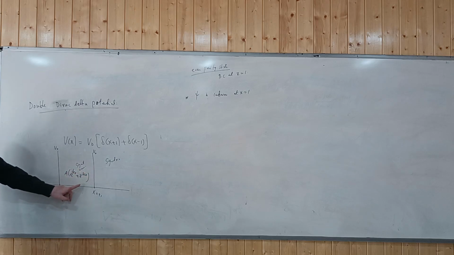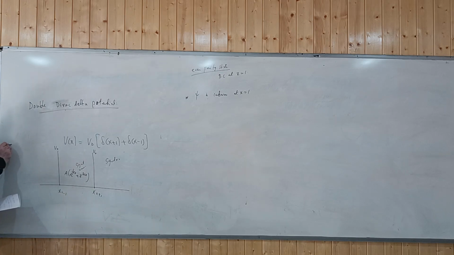But here you don't have V naught within the box; you only have V naught at the ends. So last time we had A times e^(iqx) plus e^(-iqx), where q squared was twice m V naught by h-bar squared plus k squared. But V naught inside is 0, so that's why you use only k.